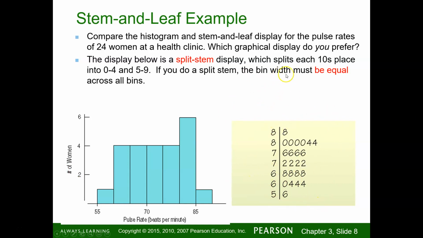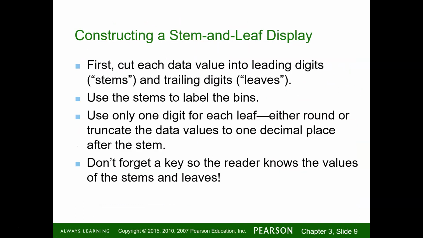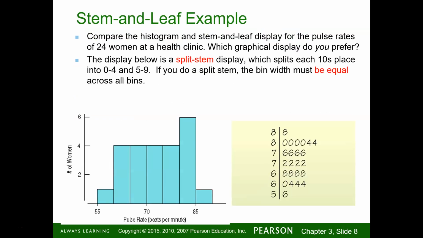It splits the tens place, like 80s, 70s, 60s, 50s, like that. Let me show you what these numbers actually mean for this split stem display. This would be 56.